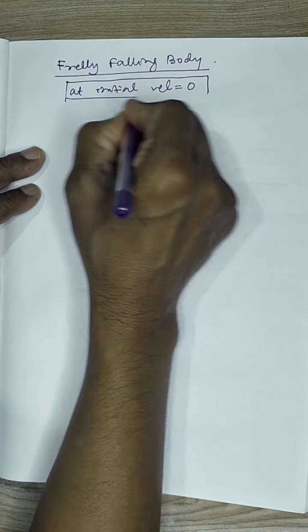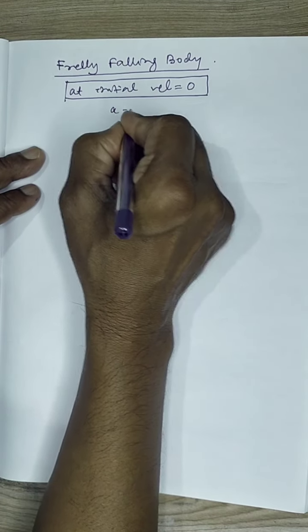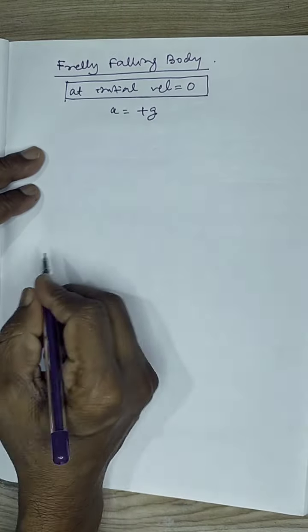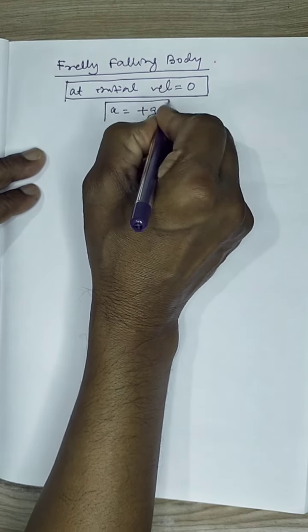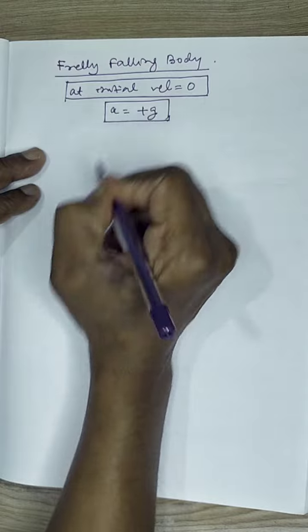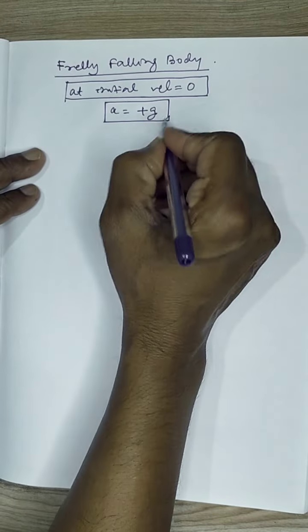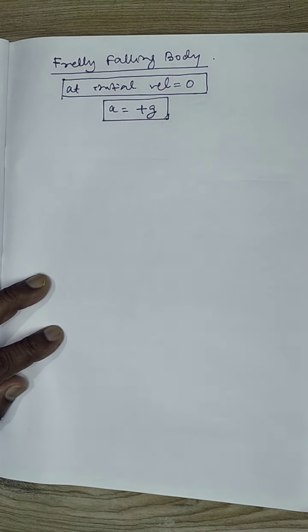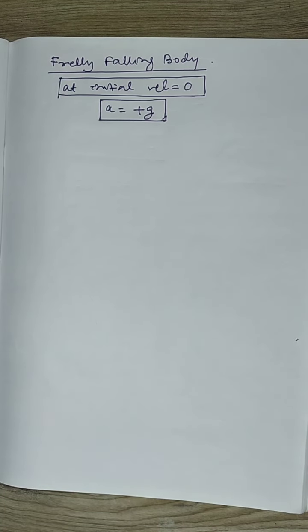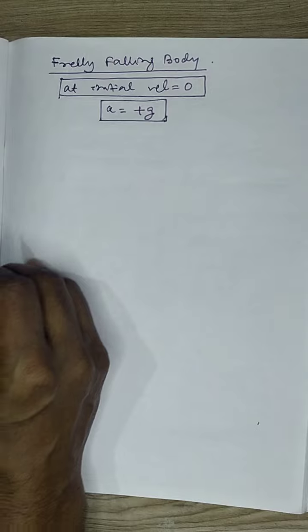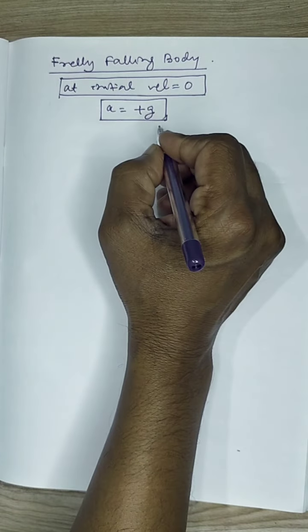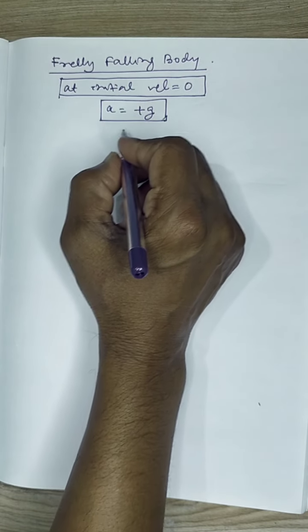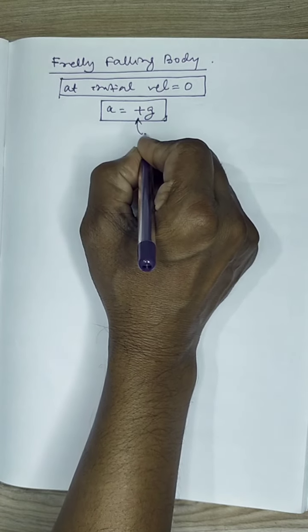Now it will accelerate towards the ground, and the acceleration will be the acceleration due to gravity g. Here the motion is completely under the action of gravity and velocity increases. Hence the acceleration is positive.